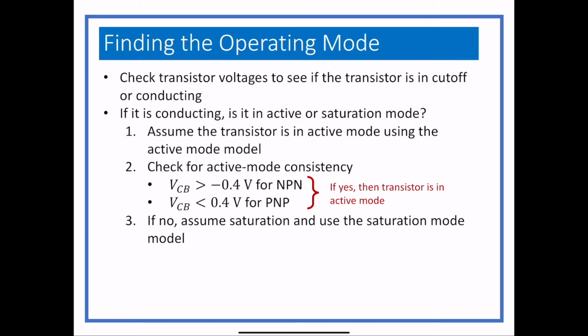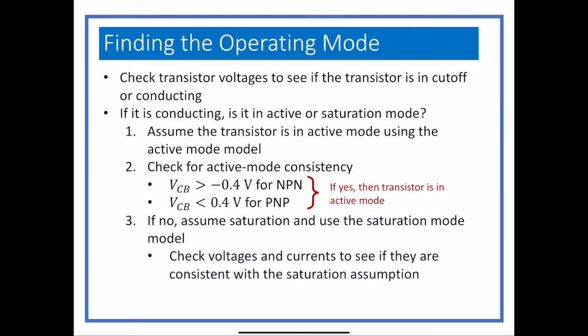So if a problem asks you to look for VCE and it ends up being in saturation, just set that to 0.2 and then go find the collector current and the base current separately, because then you don't know what beta is. Once it's in saturation, you will not know. So once you get through analyzing it, you check and see if it works, and then whatever beta is for that problem, it won't be the same as the beta that was given.